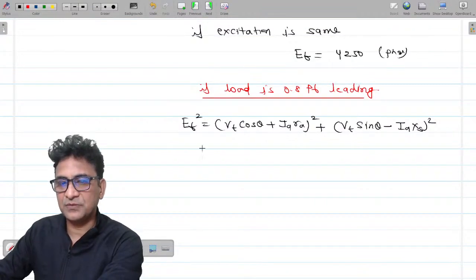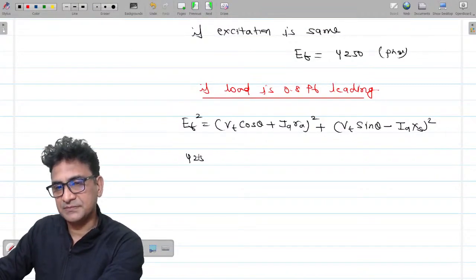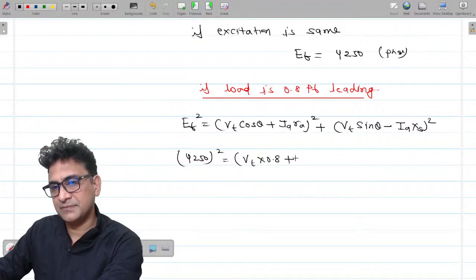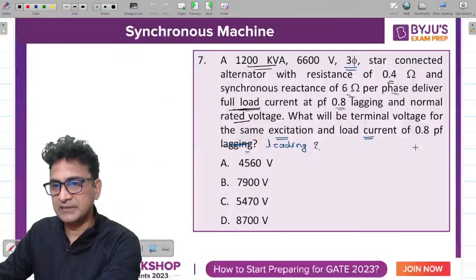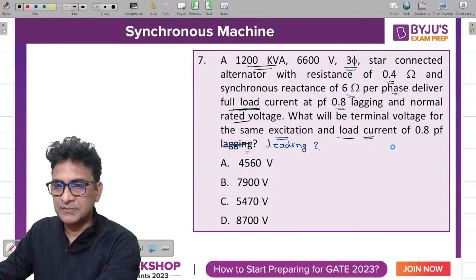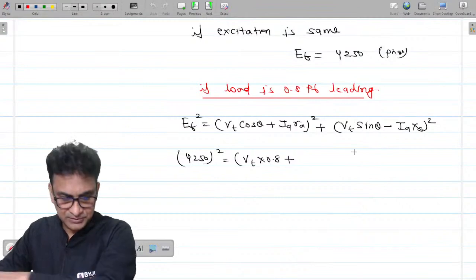EF is 4250. Vt, the terminal voltage, you have to find out. Cos theta is 0.8. IA, again you have to find out the full load current. Current is the same, 105.